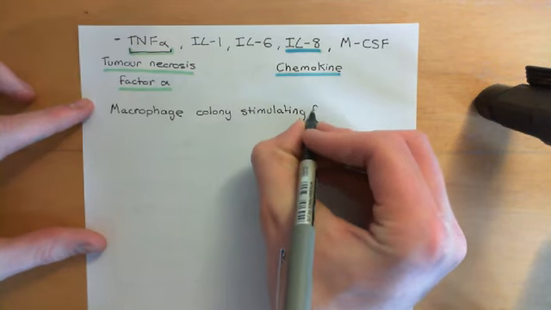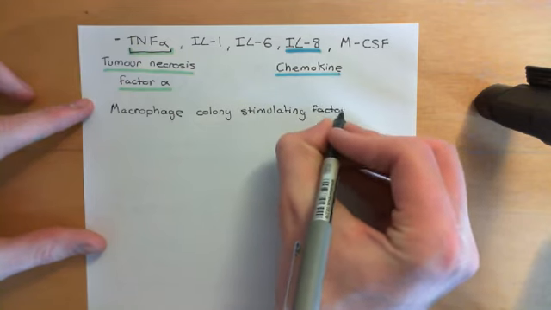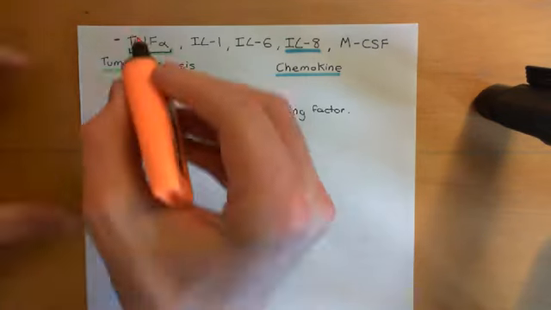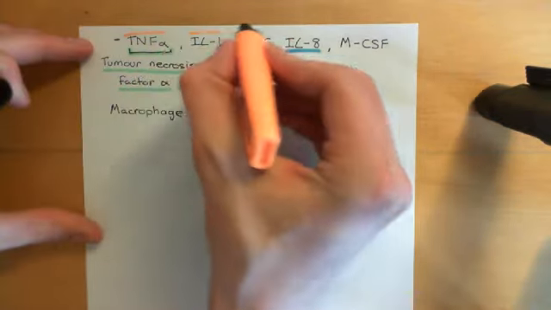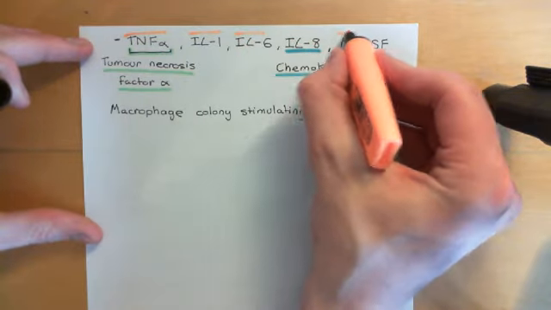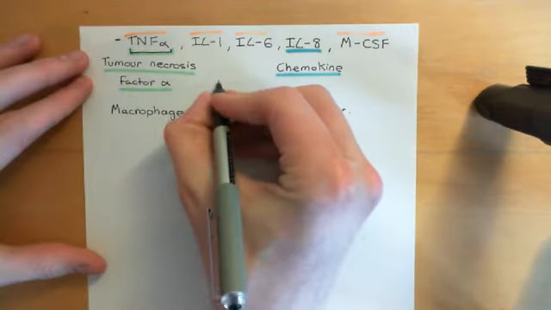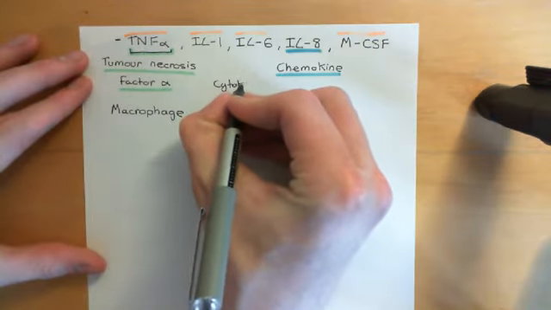Those are molecules that are going to be released by our synovial macrophages upon stimulation by interferon gamma and immune complexes. And just to highlight this, all of these 4, TNF-alpha, interleukin-1, interleukin-6, and macrophage colony stimulating factor, are all cytokines, along with interferon gamma and interleukin-17 that we've seen.